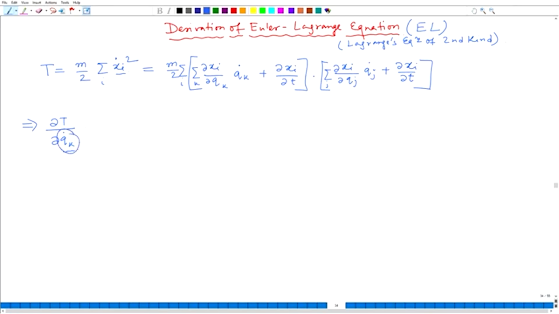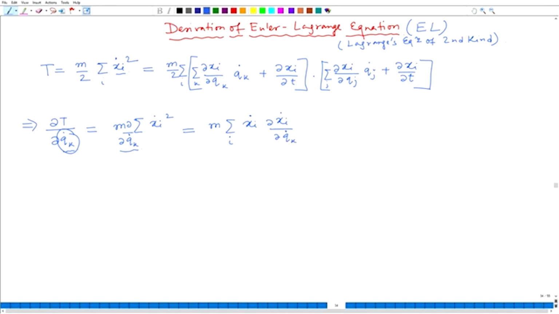So, I am evaluating del T del qk dot, which is nothing but m times the summation over i of xi dot squared differentiated with respect to qk dot, and that gives m times the summation over i of xi dot times del xi dot del qk dot.